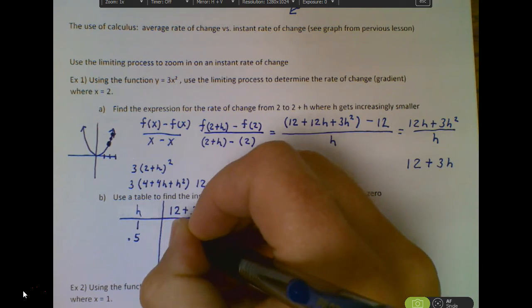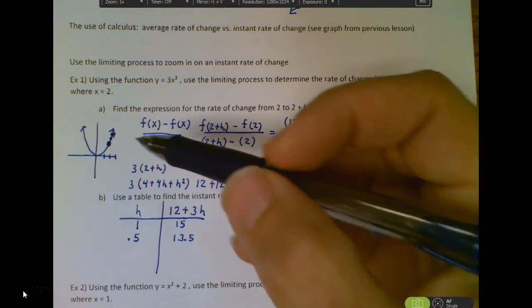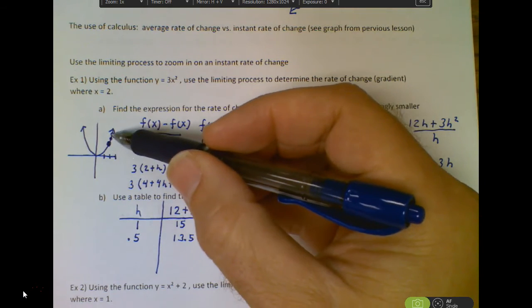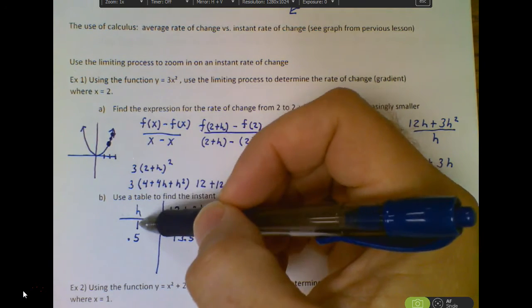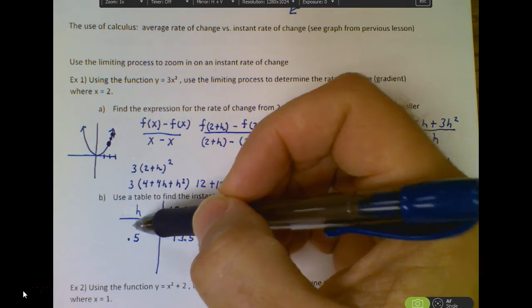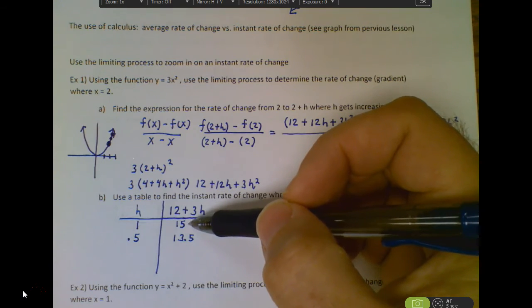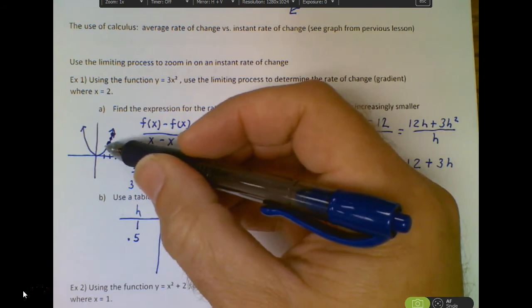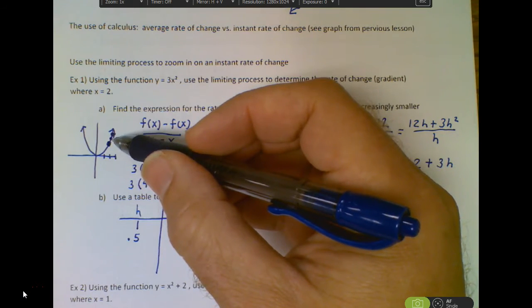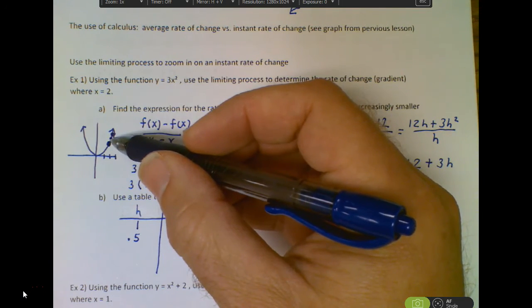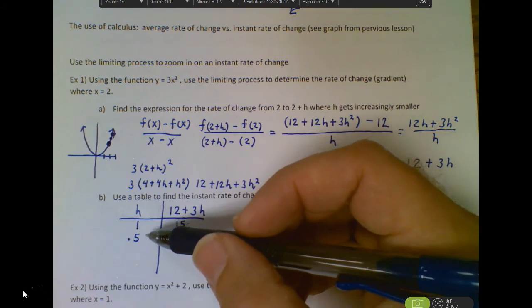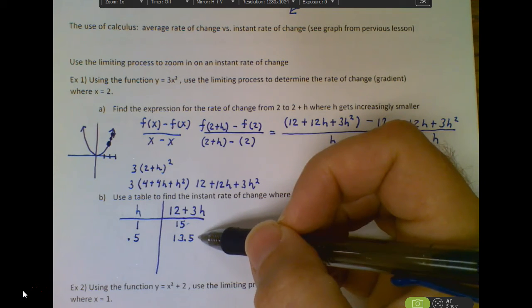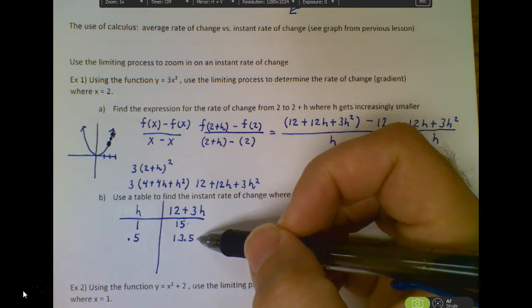So there's another slope. So remember what this represents. So from 2 to 3, that would make h 1, and I would have a slope or an average rate of change between those points of 15. And if I went from 2 to 2.5, that would make h 0.5, and that would give me a slope between those 2 points of 13.5.